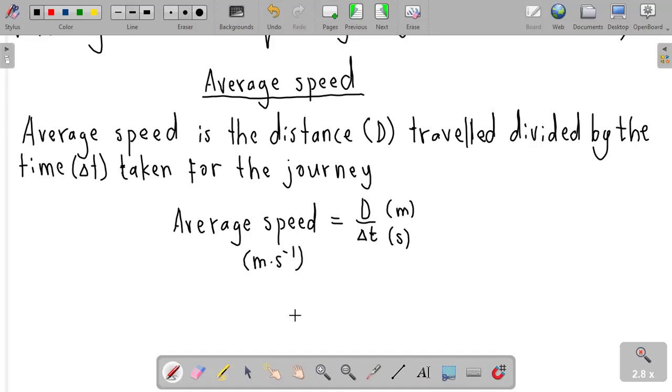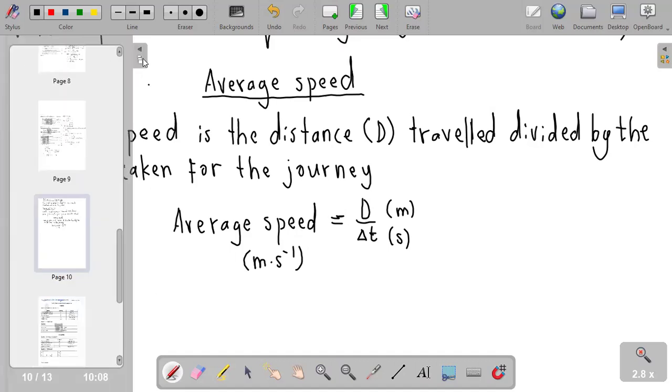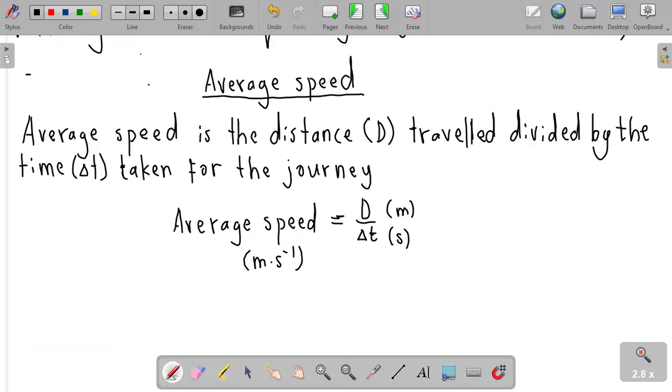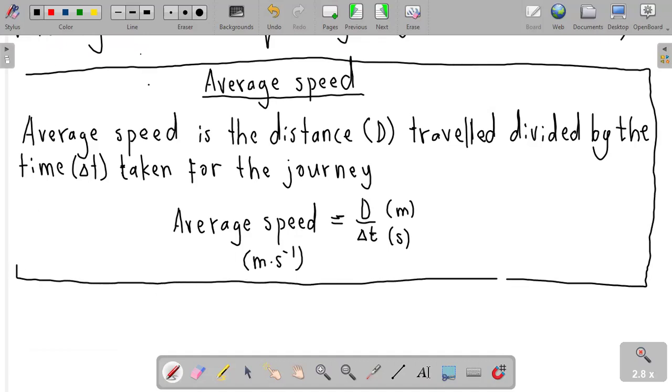So again, this over here is the average speed.